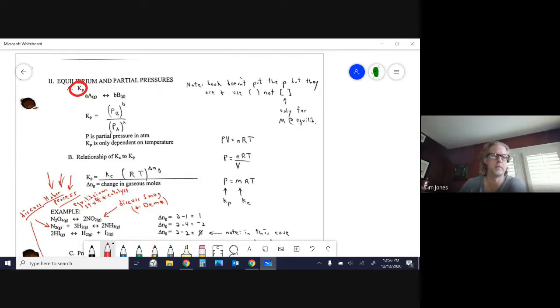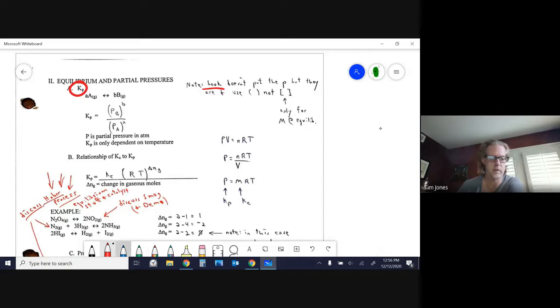I mention here the book doesn't bother putting the little p, because they have dedicated the entire chapter to this concept. So they didn't feel the need to, but we're going to be covering Kp for pressures and Kc for concentration and any other generic equilibrium. So I want us to put it.